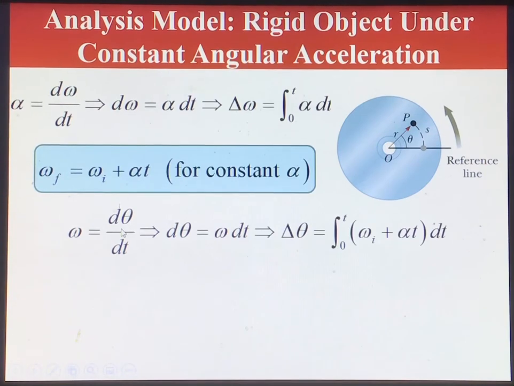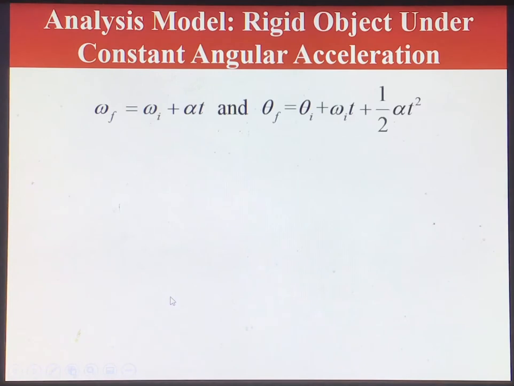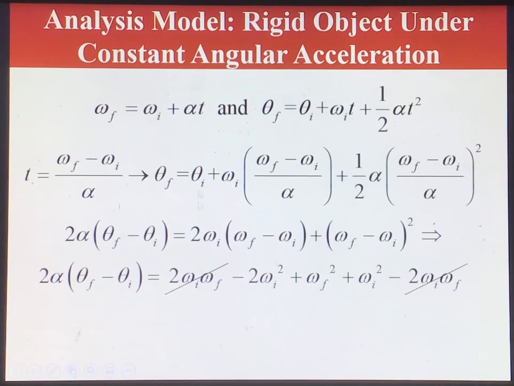Now if I know omega, I can use that to find my angular displacement. If you integrate this equation, you end up with this final value: theta final equals theta initial plus omega initial times t plus 1/2 times alpha times t squared. All right, now we can put all of these equations together.